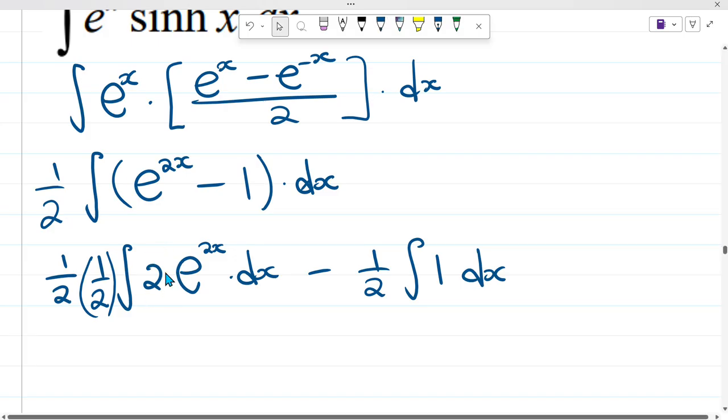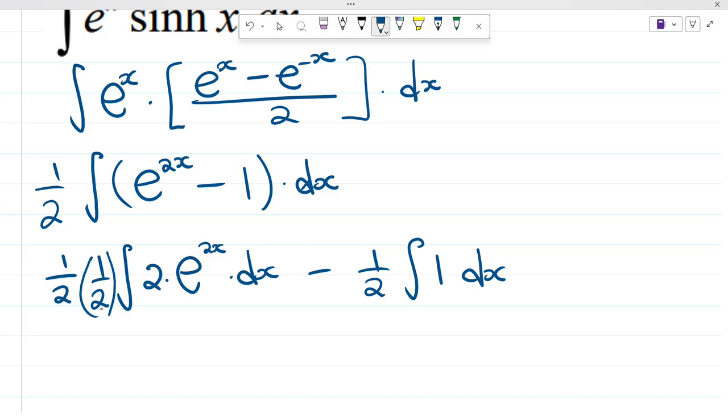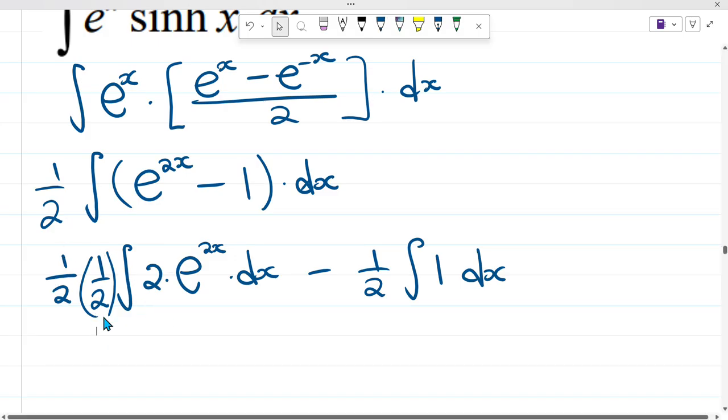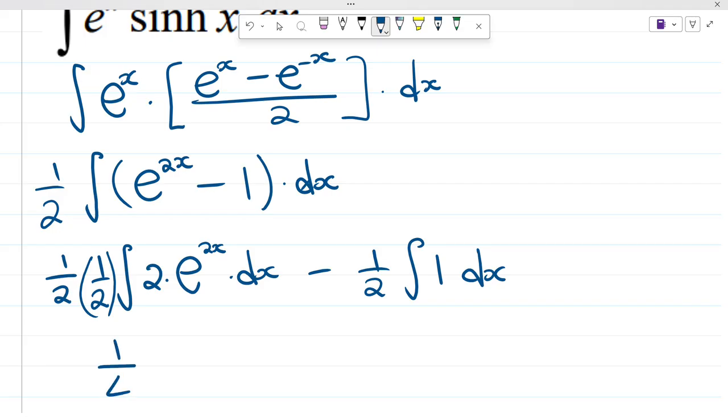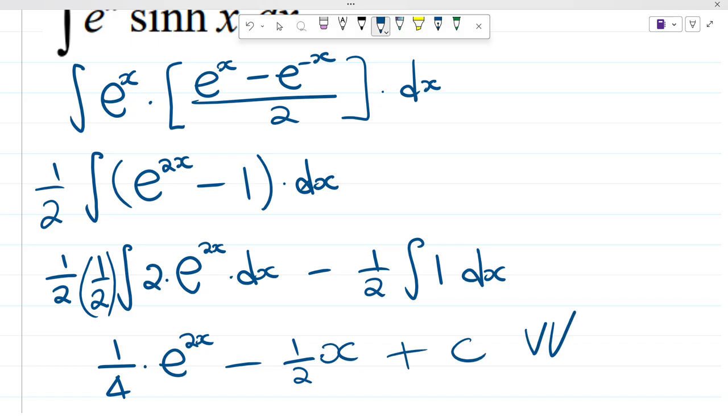And now when I have the derivative of the exponent and an exponential function multiplying each other, then I can conclude that the integral of that is just that exponential function. Of course, I need to take whatever is outside the integral with me to the answer. So that's going to be 1 over 4, because 1 over 2 multiplied by 1 over 2, multiplied by e to the power 2x, minus the integral of 1, which is just going to be x. So this is going to be 1 over 2 multiplied by that x, then plus c. Ta-da! You have your answer.